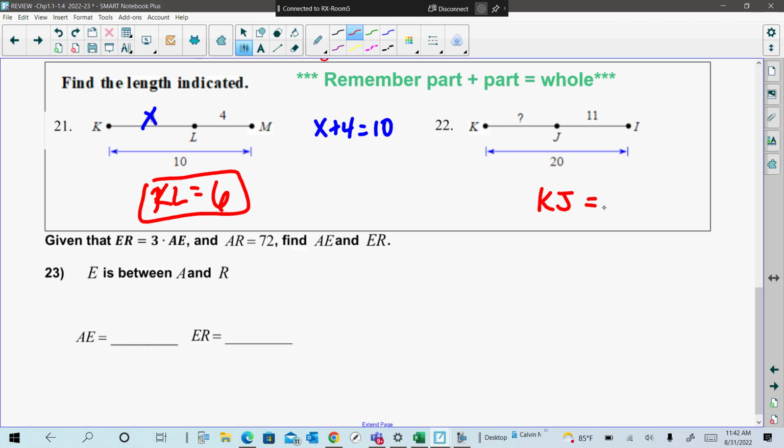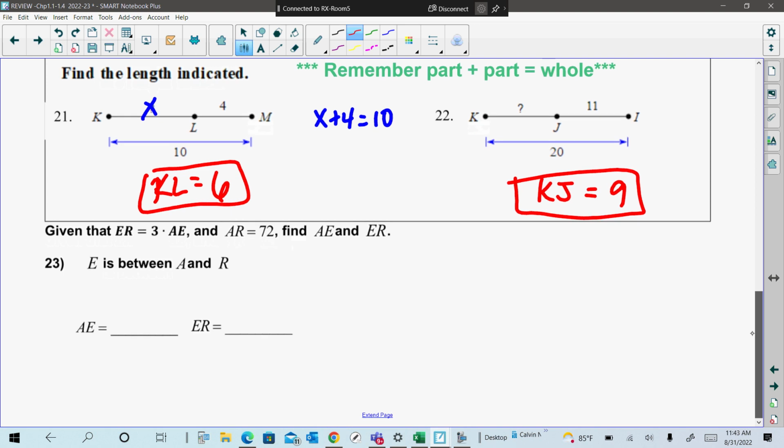If I give you the whole, and I give you a part, you can just do subtraction to find that missing part. We have 9. All right, good. Okay. So I will give you some where the picture is already drawn and labeled for you, and you just have to find the missing part.